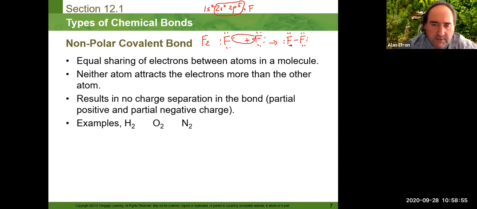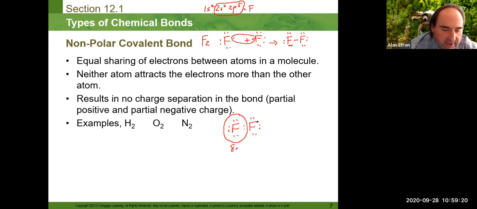Draw my dots a little bit better there. And what we have here is, you could represent like this with the line, or again, you could represent it like so with all dots if you like. But more importantly, when we think about the fluorine that's happening here, this fluorine on the left has now got 8 electrons by sharing those 2 in the middle.